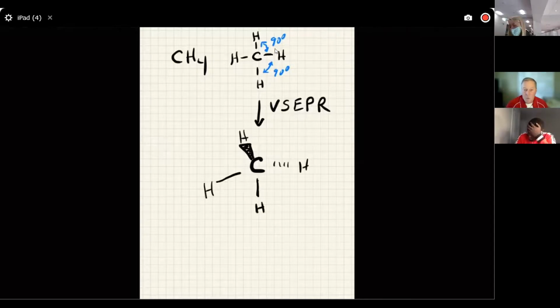What is that? What does that wedge and what does that hash mean? Well, they're just single bonds. So there's no difference between what I drew here and what I drew here. Here's this bond, here's this bond. Here's this CH, here's this CH.